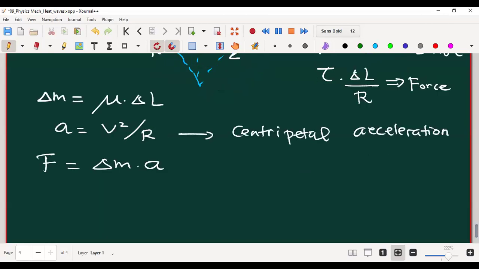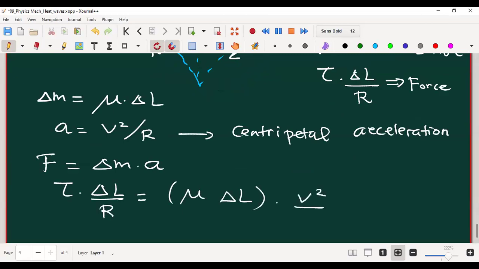So the force is tau delta L divided by R. This is equal to delta M, which is mu delta L, times a, which is v squared divided by R. This one is Newton's second law.